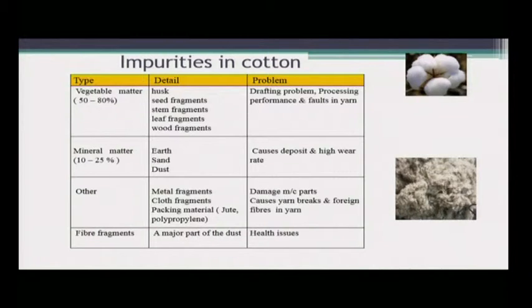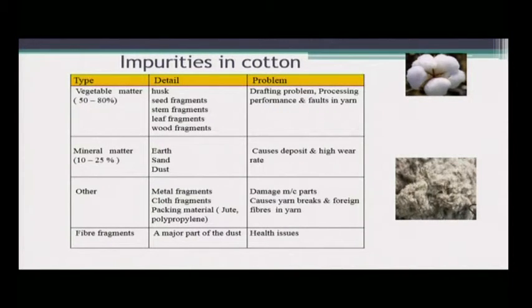Others are metal fragments, a lot of nails we find there, cloth fragments, the wrapping cloth of the bale, packaging material like jute fibers or polypropylene fibers. That's what Dr. Basu also told.